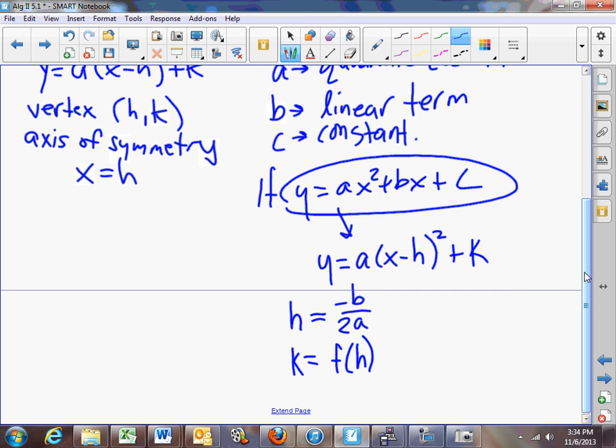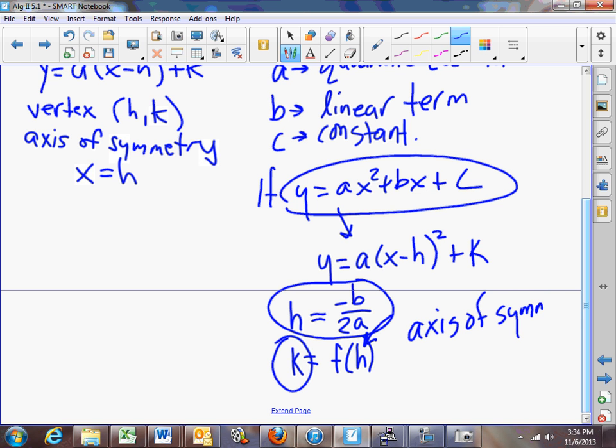In other words, once you know what the x value of the vertex is, that's what h is, you take that value and you put it in for x in the quadratic polynomial, and the value you get out is k, the y value of the vertex. Now, also, the axis of symmetry is still going to be x equals h, the vertical line that passes through the vertex.